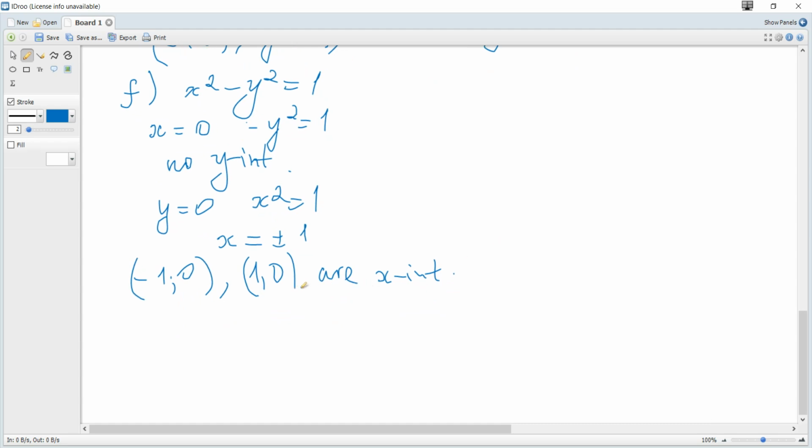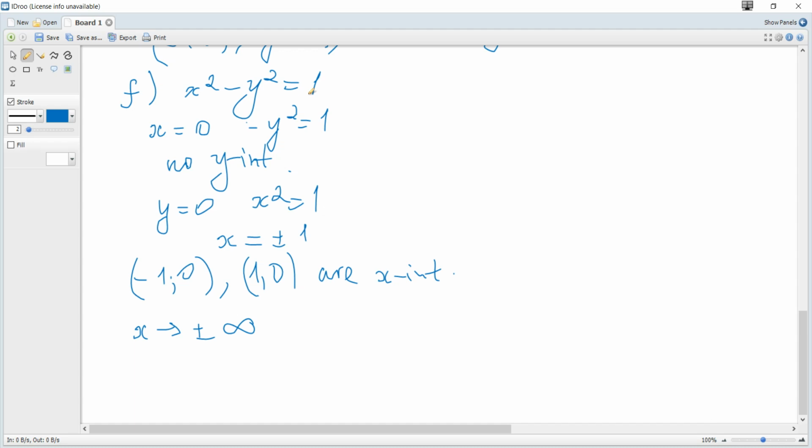And if we consider asymptotes, how to find asymptotes, it means when x tends to plus minus infinity, when x is very large, it means that 1 will be much less than x squared and we can ignore it.